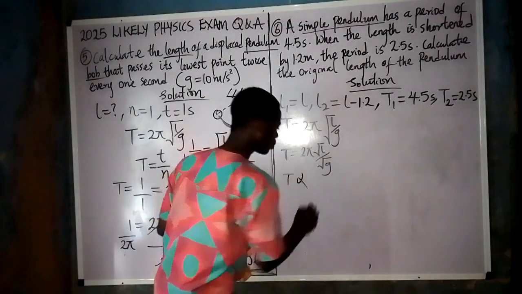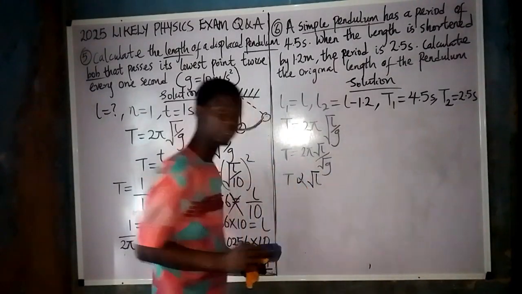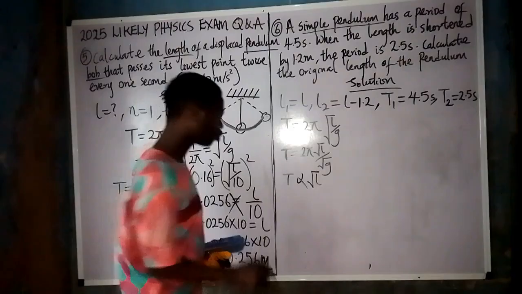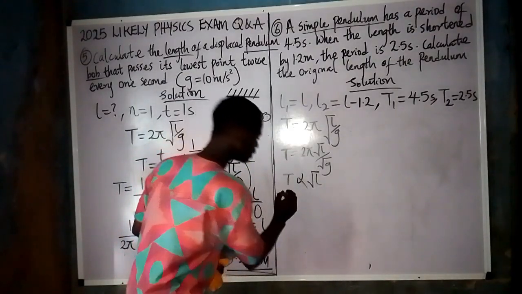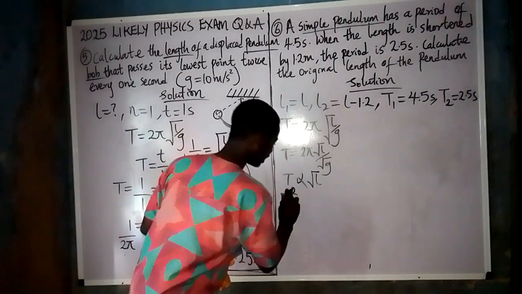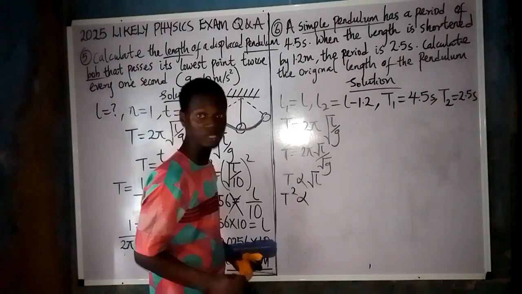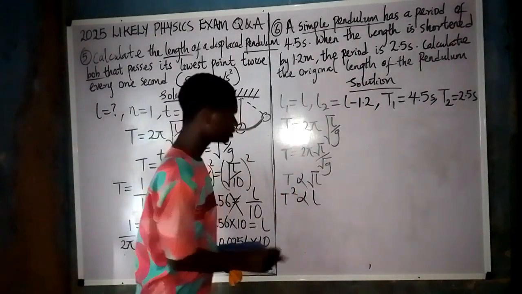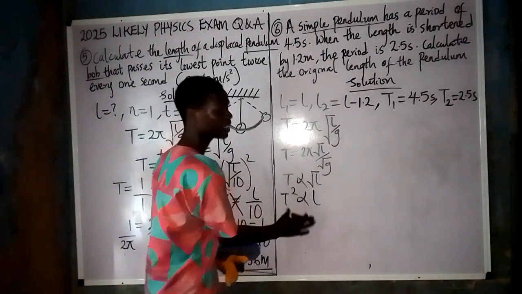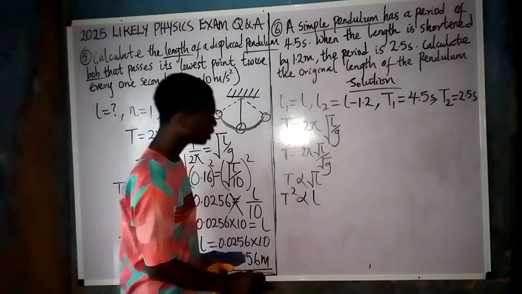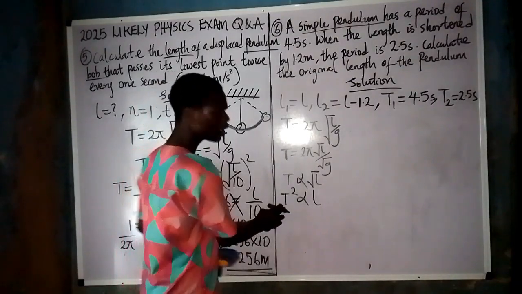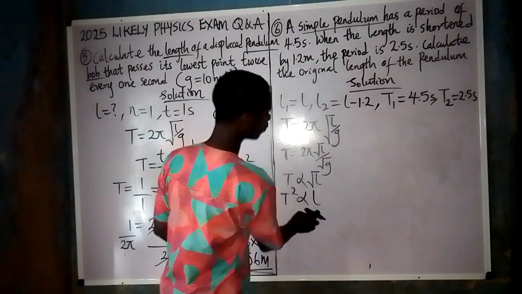T is directly proportional to root L. In another form, if you square T here, you have T squared, and if you square root L, you just have L. This form is equivalent to this, and I like working with this form. So what do you now have? The square of T is directly proportional to L.